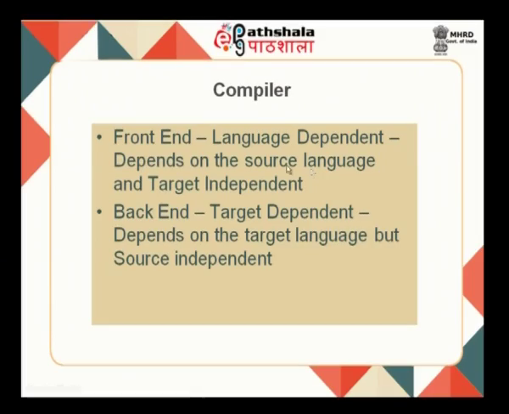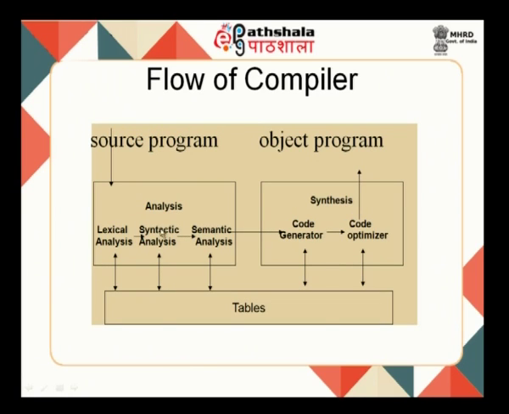The first few parts, the analysis part, are called the front end of the compiler, and the back end of the compiler does the process of synthesizing to generate machine code. The front end is language dependent, depending on the source language, but it is target independent. On the other hand, the back end is target dependent, depending on the target language, but it is source independent. So, this is basically what happens.